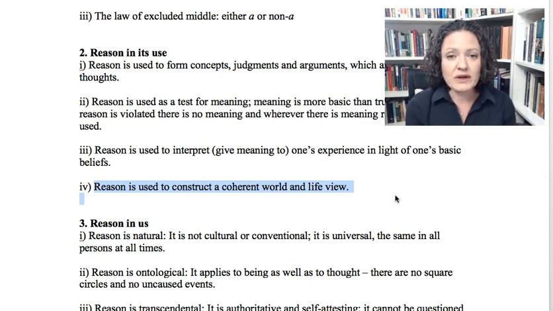And if we build on reason, then our basic belief will have rational justification. We'll have an argument for our basic beliefs. And then we can build a world and life view that is coherent. All the parts make sense when we put them together. So reason is used to construct a coherent world and life view, that there are no contradictions in the system of our belief. Now hopefully as we go along, this will become more and more clear.